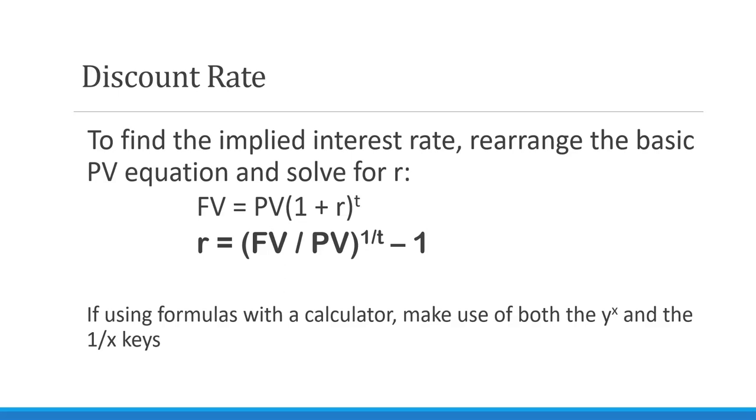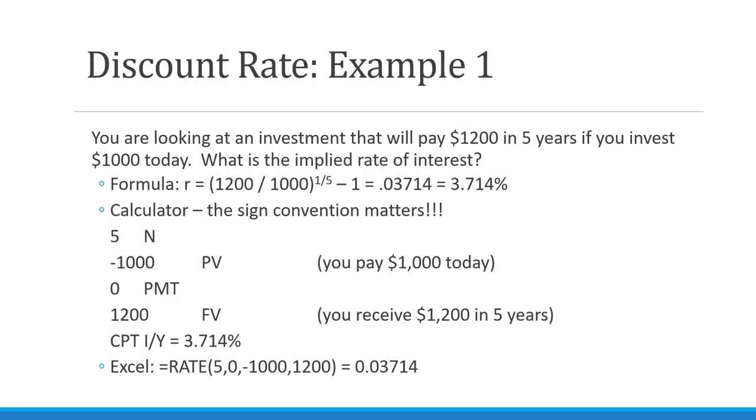If we're using formulas with a calculator, we need to use these extra keys. And as I said, the calculator formulas are all included in your textbook and in the PowerPoint listed in my.workbook. So we're going to look at this calculation for trying to determine the rate. We're looking at an investment that will pay $1,200 in 5 years if we invest $1,000 today.